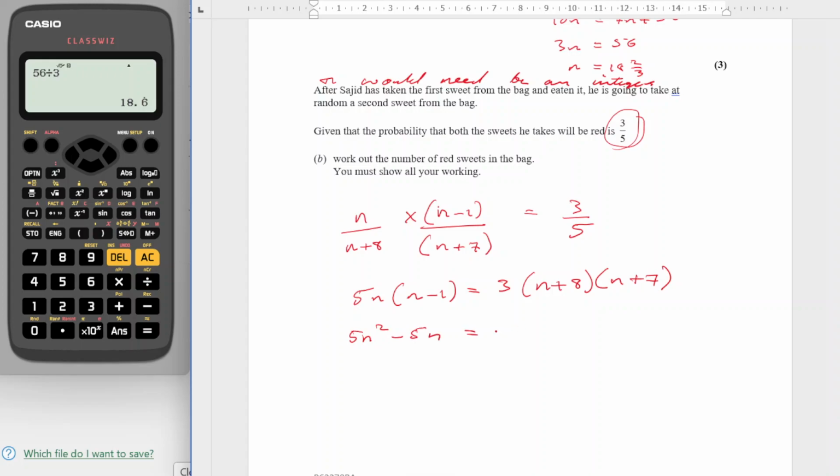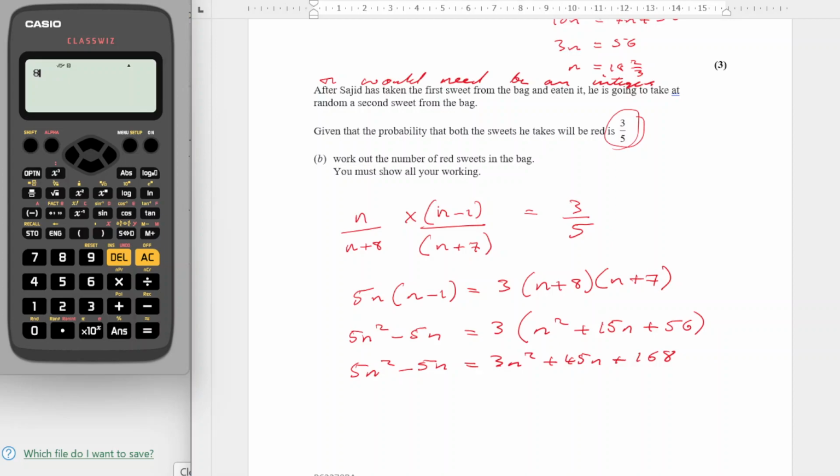If I multiply out the second bracket, I'm going to leave the 3 for now, that would give me n squared plus 15n plus 56. Right, so 5n squared minus 5n is equal to 3n squared plus 45n plus 168. Double check that though.